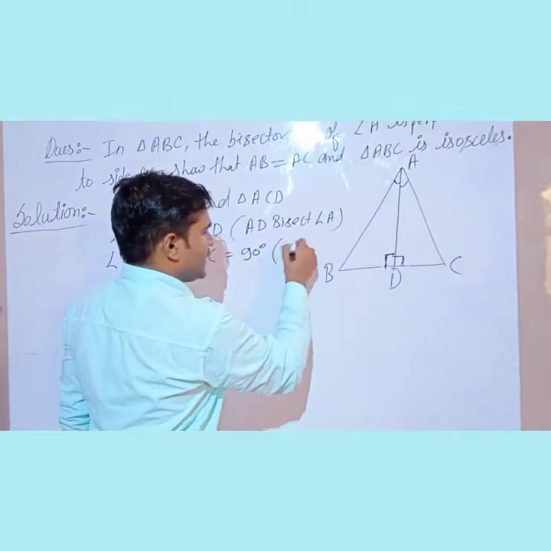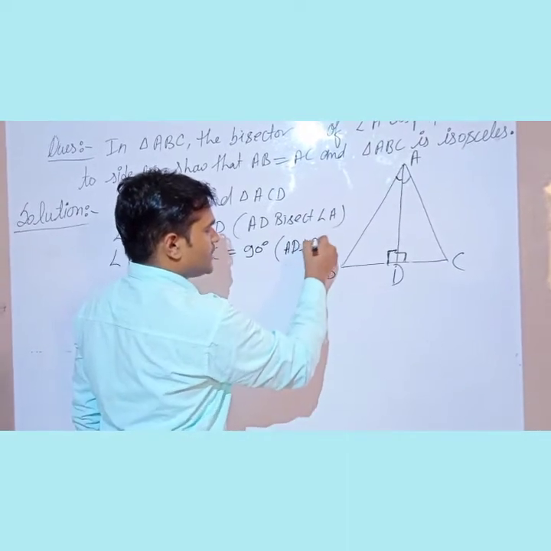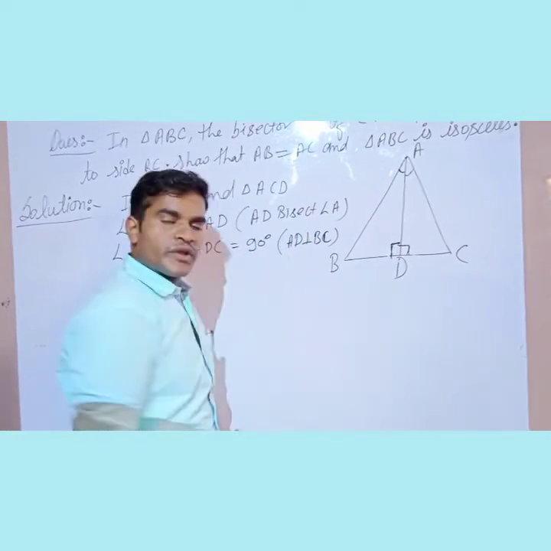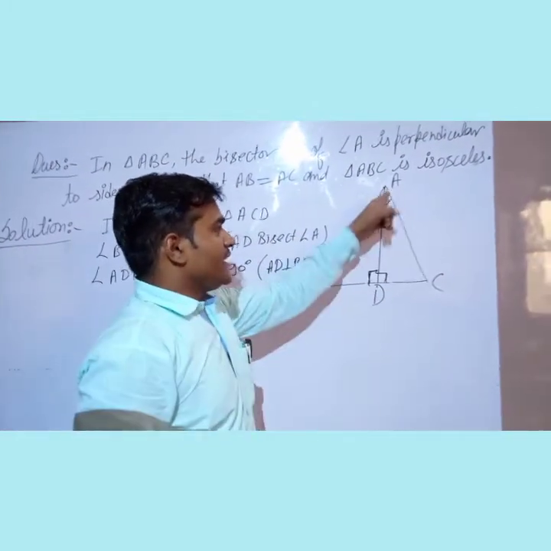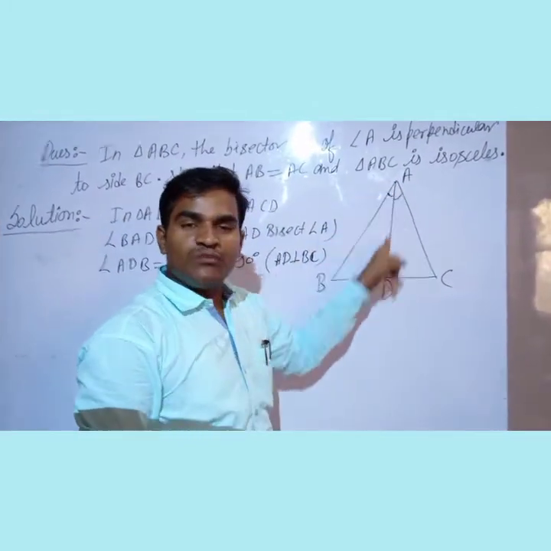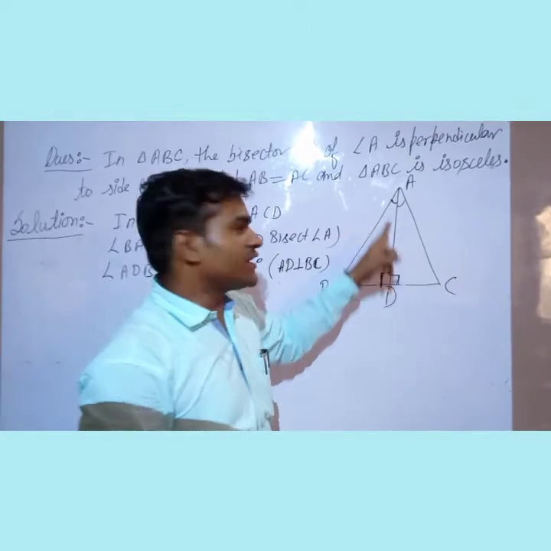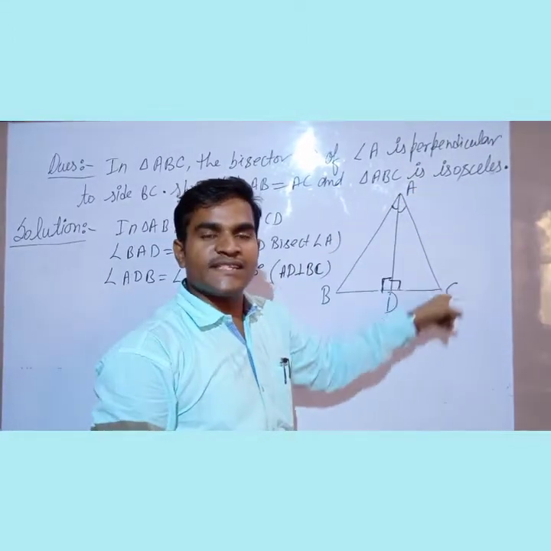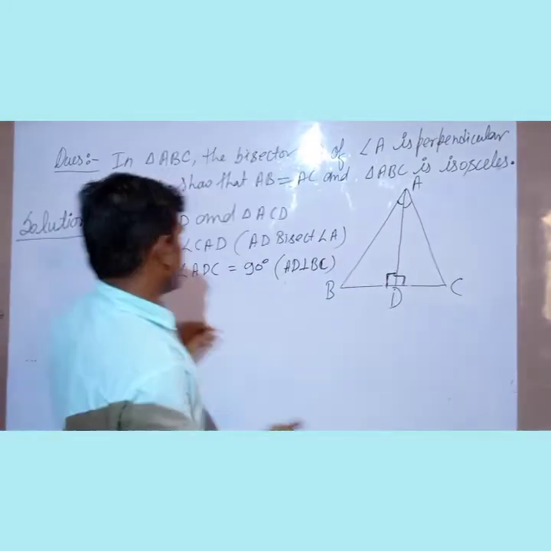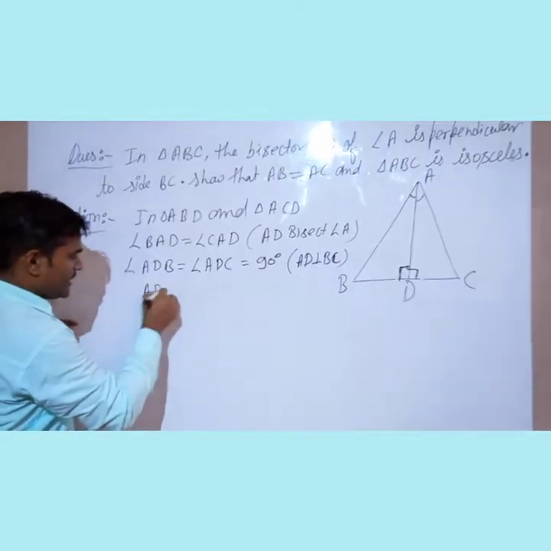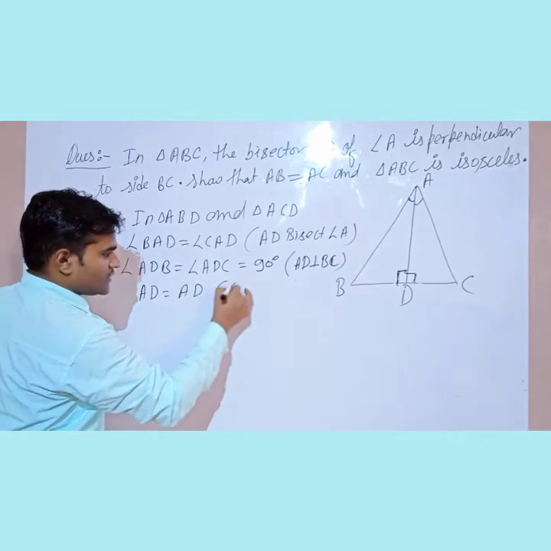Here you have to write AD perpendicular to BC. Now AD is the common side in both triangles ABD and ACD. So we can write AD is equal to AD.